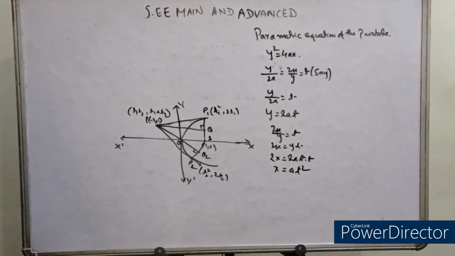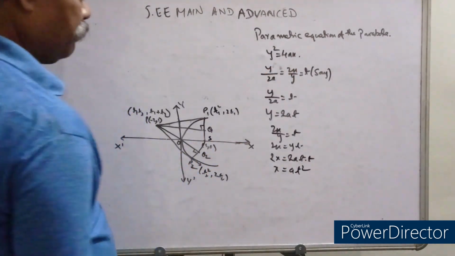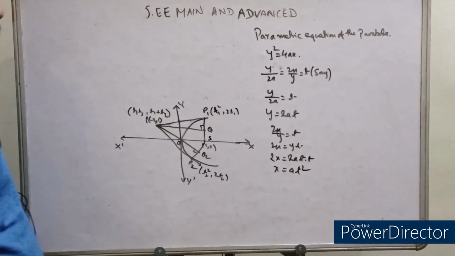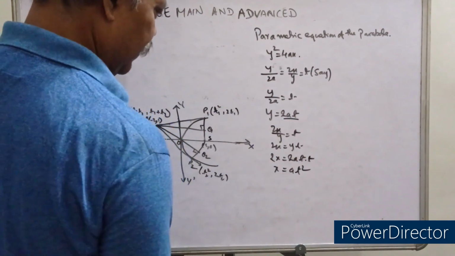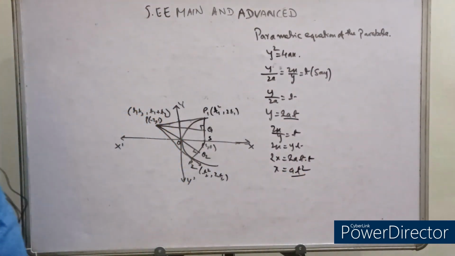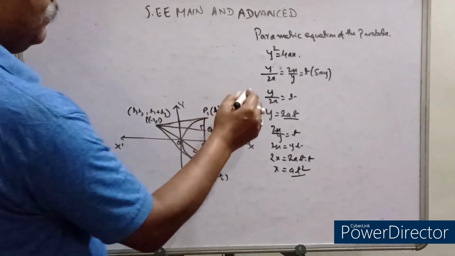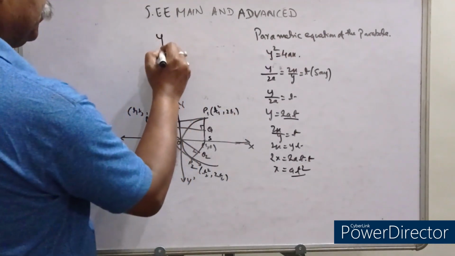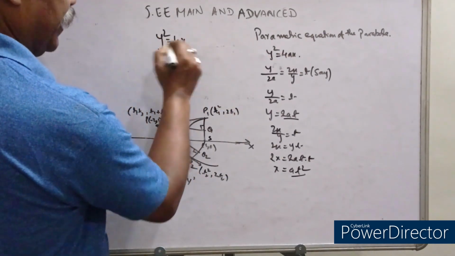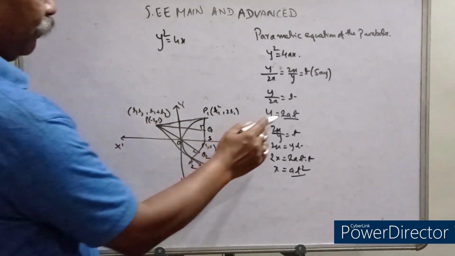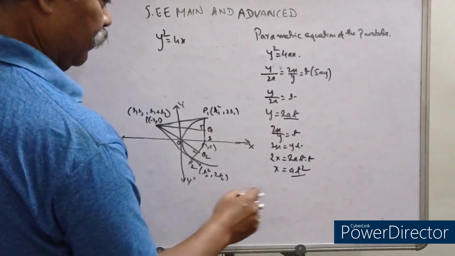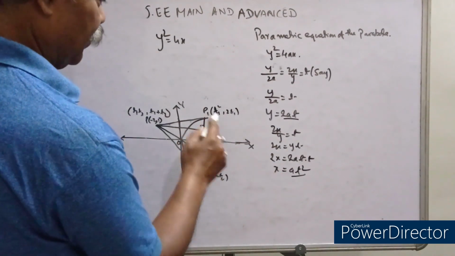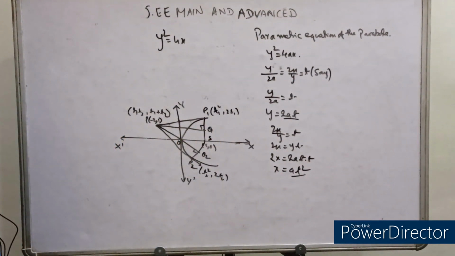So you see that in parametric form your point becomes (at square, 2at). Since here the question gives y square is equal to 4x, a is 1, so y is 2t1 and x is t1 square.